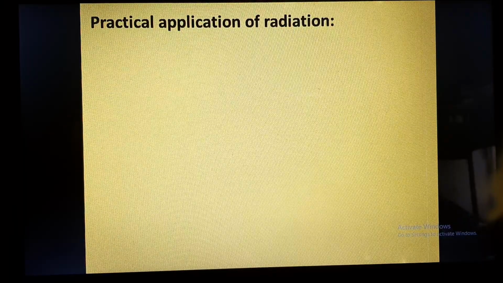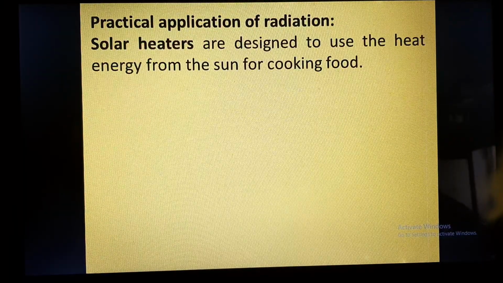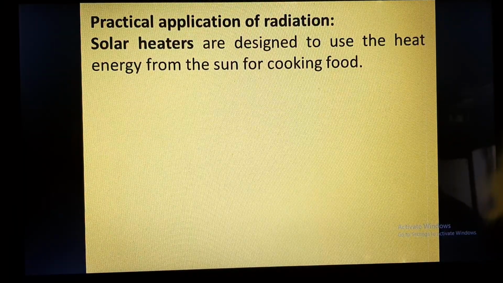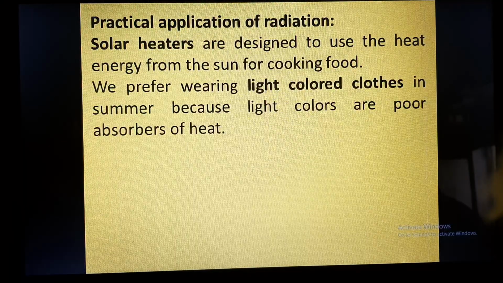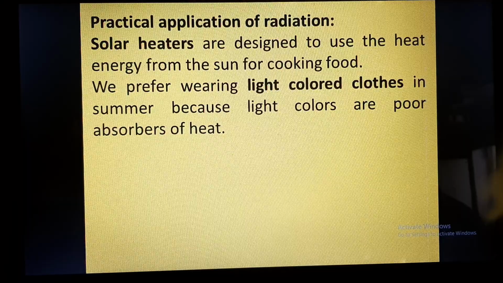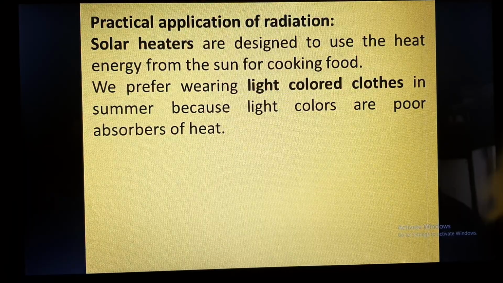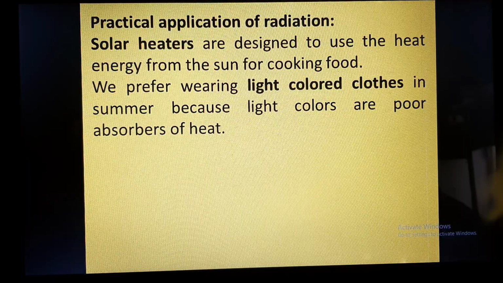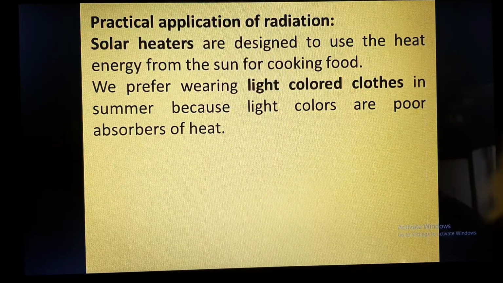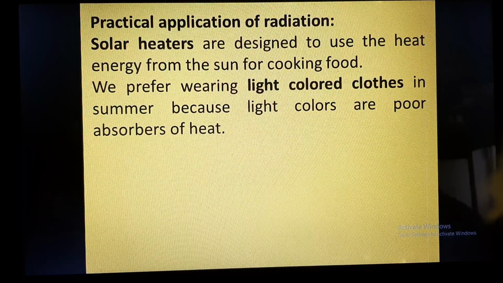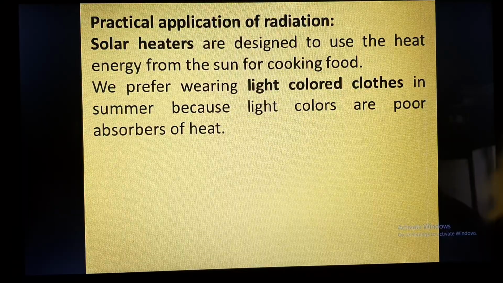What are the practical applications of radiation? Solar heaters are designed to use the heat which is coming from the sun for cooking food. So this solar heat is coming through the process of radiation. Now we prefer wearing light colored clothes in summer.